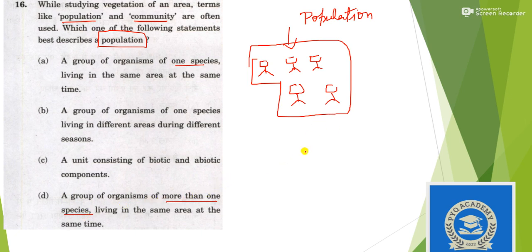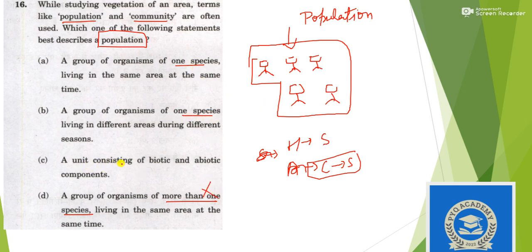One species is important because we count the population of humans differently and animals differently, because humans are of the same species, and animals like cows are of the same species. So this is the wrong option.